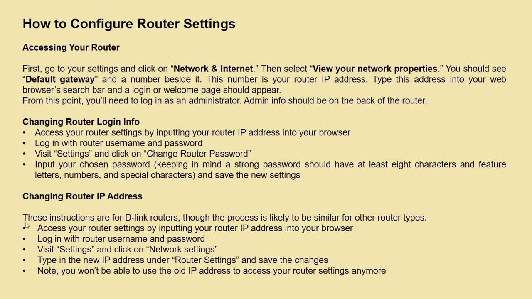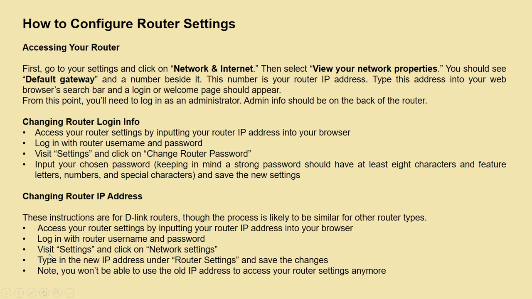Now next is changing of router IP address. If you want to change the router IP address, then what to do? And this is for your D-Link router, okay. Access your router settings by inputting your router IP address into your browser. Then log in with router username and your password. Already you know that the username and password is assigned, so remember that one, you have to type it.